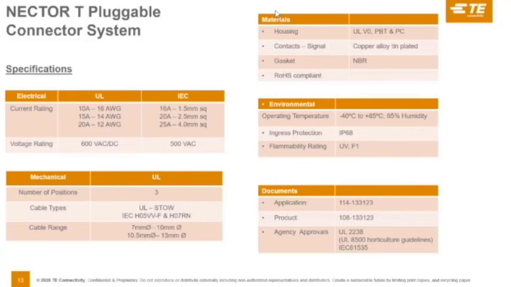As we mentioned before, greenhouse farming, vertical farming, urban farming, and the like. Therefore, these type of products are designed for 12 to 16 gauge, being able to handle anywhere from 10 amps to 20 amp solutions in both UL and IEC application. It's a 3-position interconnect solution, and of course it has a higher voltage rating, 600 volts or 500 volts for IEC applications.